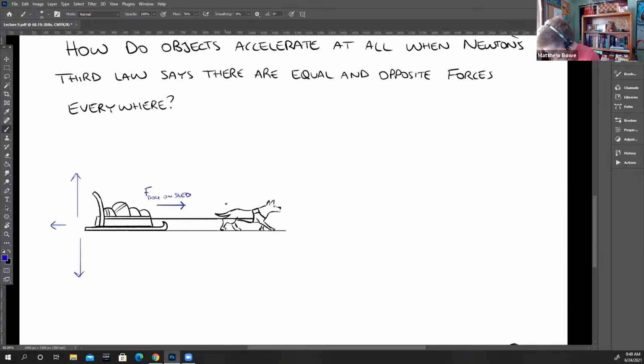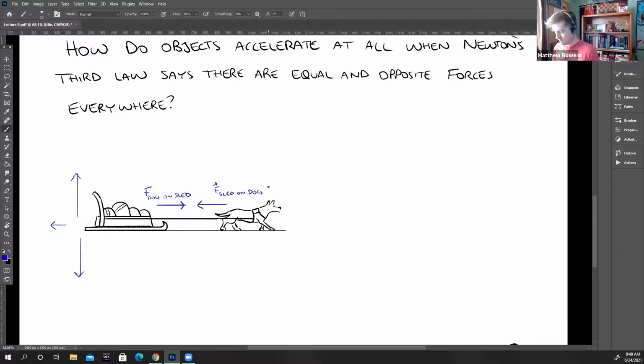There's also an equal and opposite force in the other direction. This is the force of the sled pulling on the dog. Think of how you would feel if you were in that position, pulling backwards. So, force of the sled on the dog. Why does anything move at all?